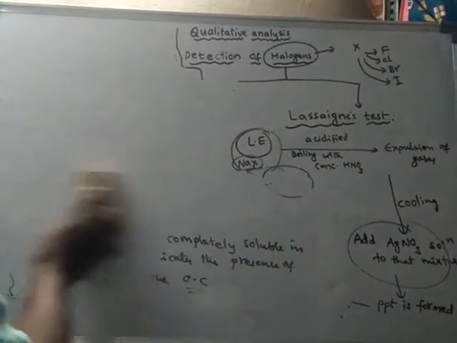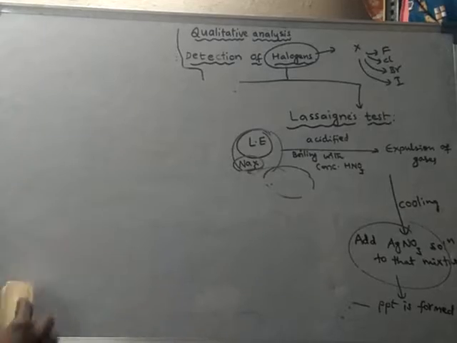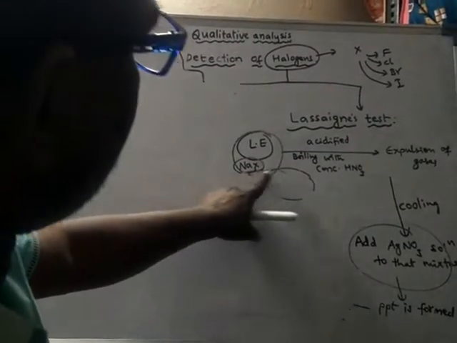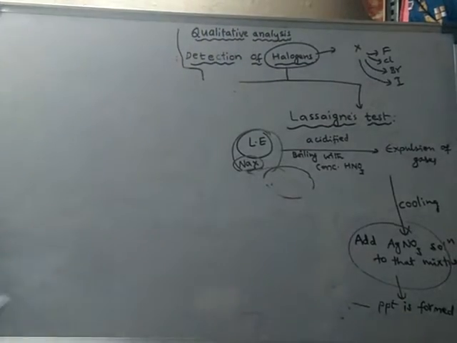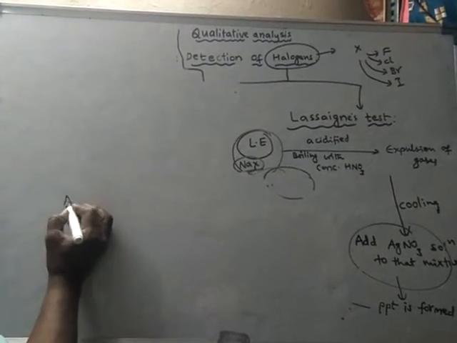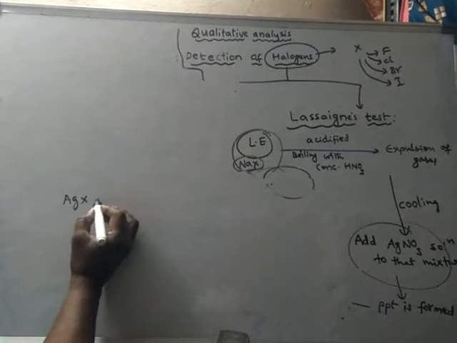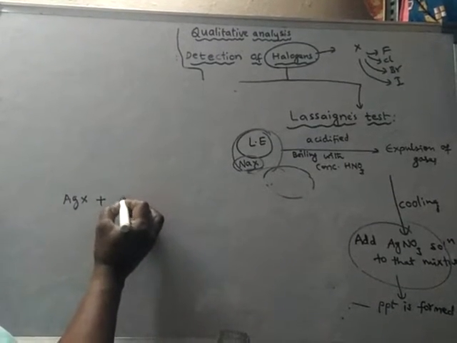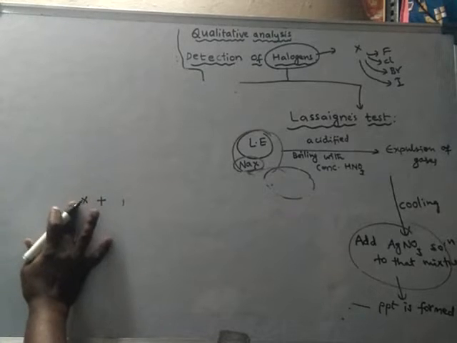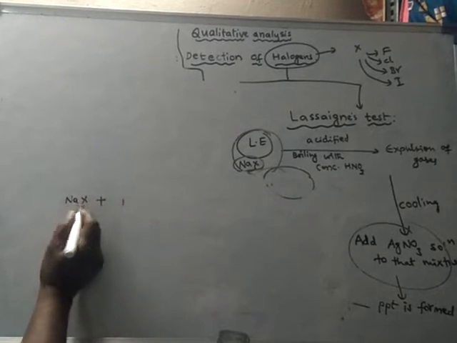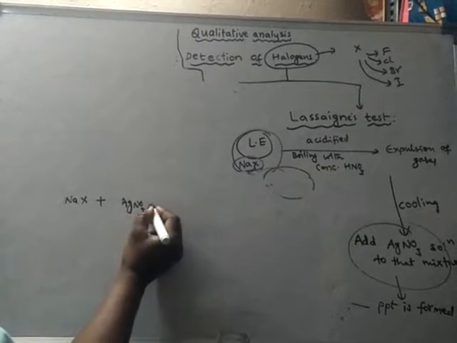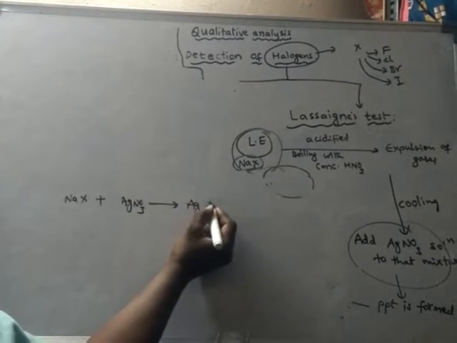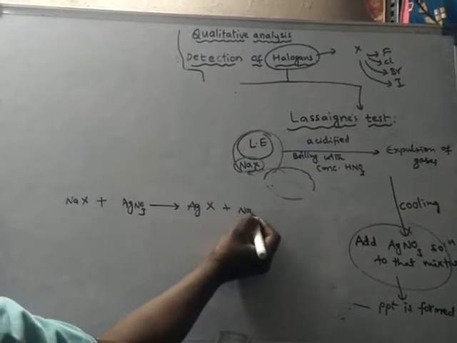Actually, in this reaction, the sodium halide directly reacts with silver nitrate solution and forms silver halide and sodium nitrate.